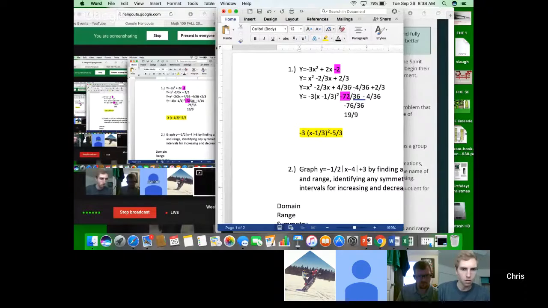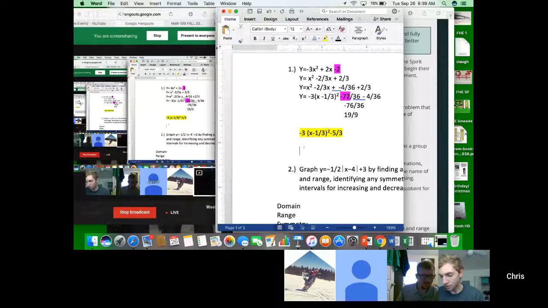Wait a minute. Wouldn't that be 1/9 then? Yeah, negative 3x squared plus 2x, and then plus whatever negative 3 times 1/9 is. So if you FOIL it out, like we've been trying to do, x minus 1/3 times x minus 1/3 gets x squared minus 2/3 x plus 1/9, and then you have to multiply all of that by negative 3, so you get negative 3x squared plus 2x, and then whatever negative 3 times 1/9 is.